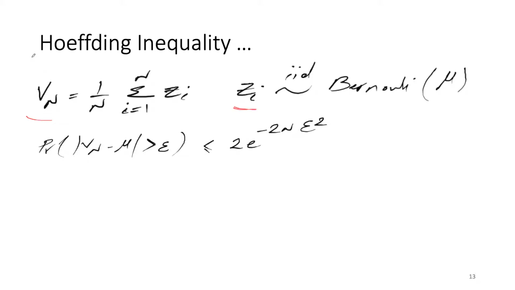So we could define Hoeffding inequality just like the previous slide. This is the exponential decrease in n because we have the minus here, right?